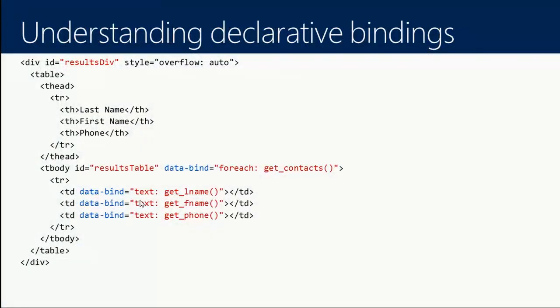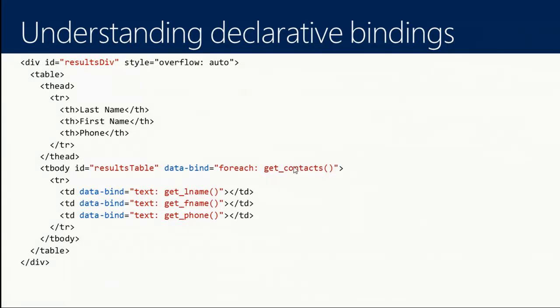So when it comes to declarative bindings, it's also pretty straightforward to use. So here's a page that has a div in it and a table that's going to show the contact information that we've been looking at. And here's where you want to focus on the stuff that's in red. You see this data bind right here? For each get contacts. So get contacts is a method that's going to return an array of contacts.